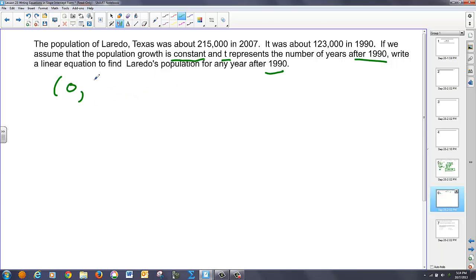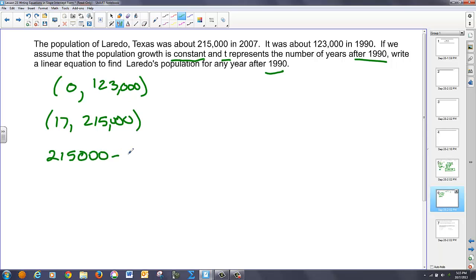So in 1990, I have 123,000. And in 2007, which is 17 years after 1990, I have 215,000. Again, we're going to find a slope by taking 215,000 minus 123,000 over 17 minus 0.